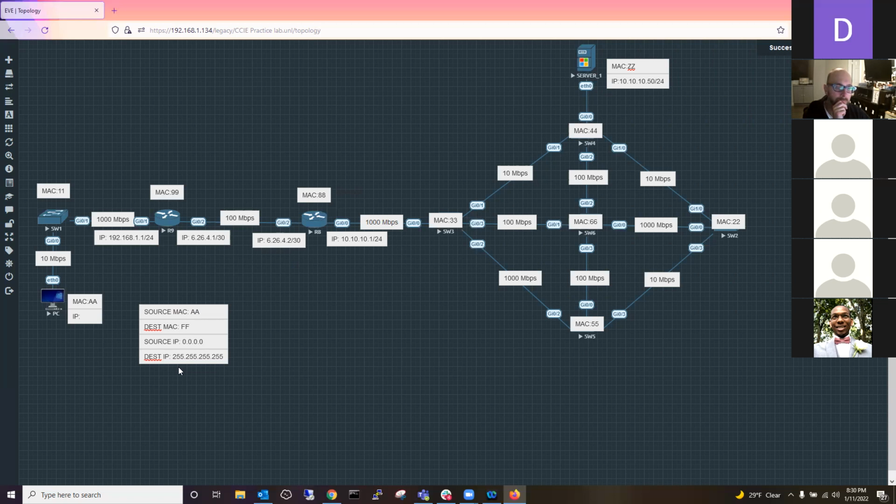Okay, I see it now. So it's going to basically look to see if the destination it is looking for is within its routing table. Why? Because that's what routers do. That was like the initial check.